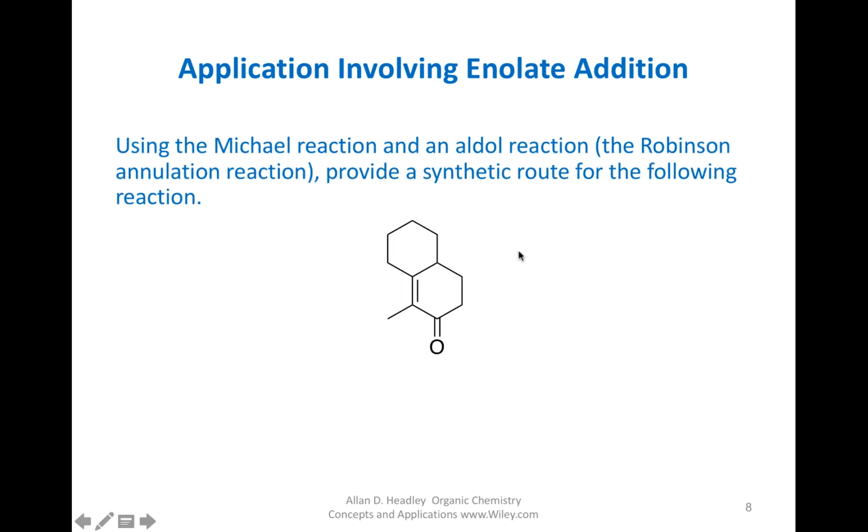Let us look at a more complicated application. So here, using the Michael reaction and the Robinson annulation, can you provide the synthetic route to make this molecule? So this requires a lot more analysis and the applications of the reactions that we have covered so far.